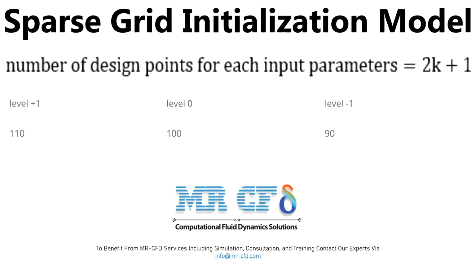For example, suppose an input parameter has maximum and minimum values of 110 and 90 respectively. Therefore, the values of 90 and 110 indicate level -1 and level +1 respectively, and the mean value of this range, equal to 100, indicates level 0.